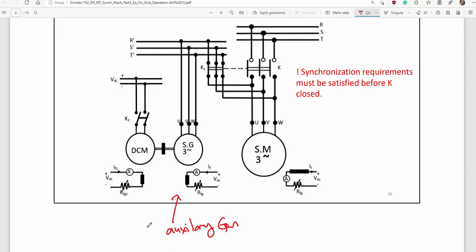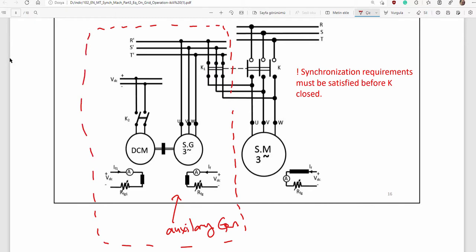Instead of inverter, this setup is a rotating converter, adjusting frequency and voltage over frequency. That is a mechanical converter.